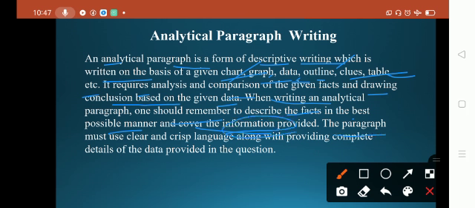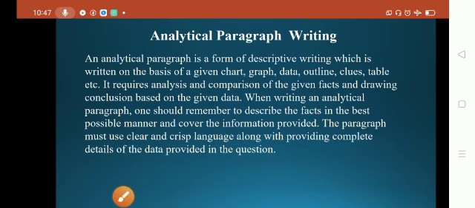The paragraph must use clear and crisp language along with providing complete details of the data provided in the question. Your language should be straightforward, precise, brief, and it should provide the complete information that is being asked in the question.